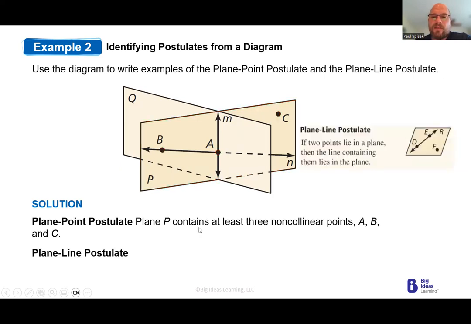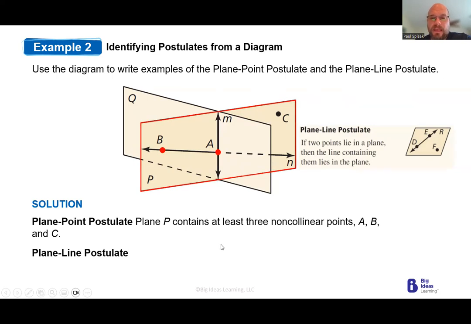The second one, plane line postulate. Plane line postulate said if 2 points lie in a plane, then the line containing them lies in the plane. So here we have a couple different points. Now they only have 1 line drawn. Currently it's BA. So we're going to use those 2. We have B and A. We have a line drawn on them.